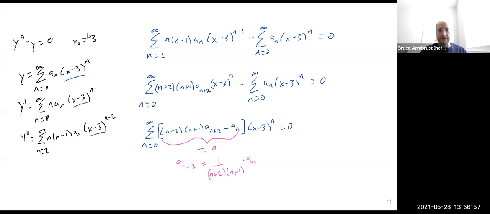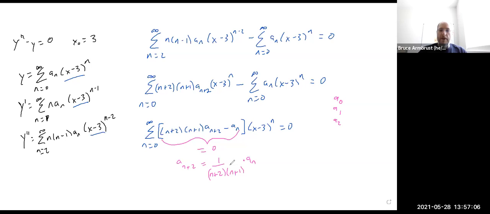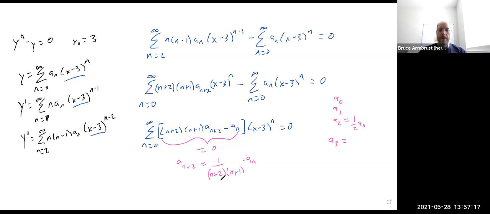All right. So here's the deal. So A naught is A naught. It's whatever it is. And A1 is A1. A2, if I plug in 0, that's equal to 1/2 A sub 0. A3, I'm going to plug in 1. So I get 1/6 A sub 1. I'll go get 2 more.